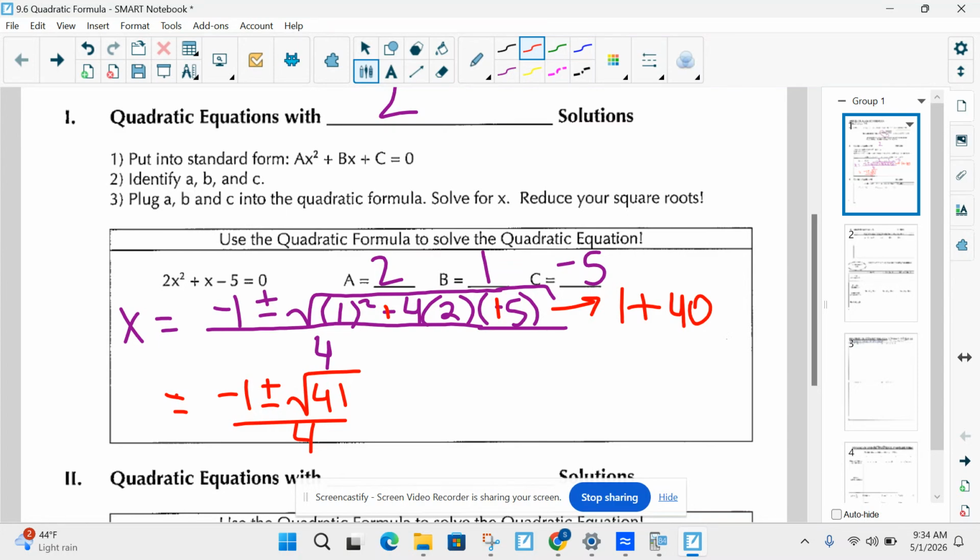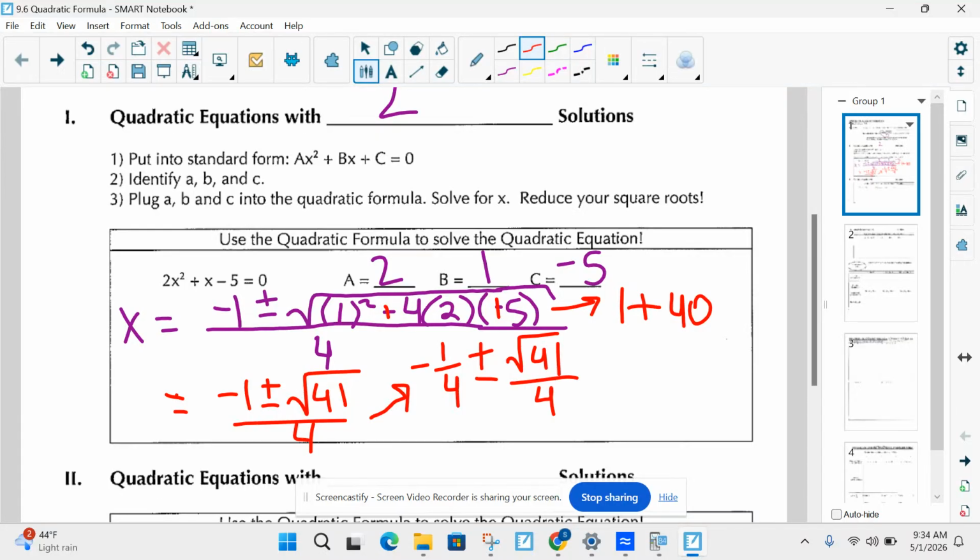And one thing you can do, and that we know how to do because we've covered simplifying square roots, is you can separate this equation into two different fractions as negative 1/4 plus or minus the square root of 41/4. And sometimes you can separate it even further.